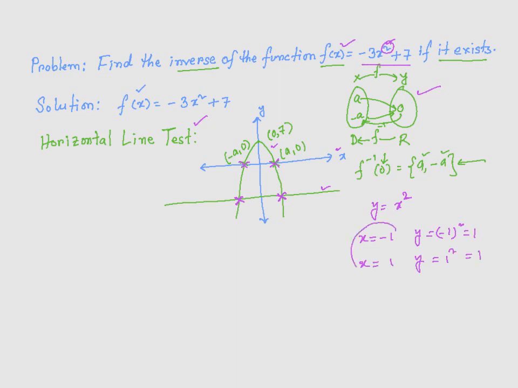So both of these are getting mapped to only 1. And you can use -2, +2, you'll see that both go to 4. So this mapping violates the definition of function when you go the other way around. That means when you try to find the inverse function.